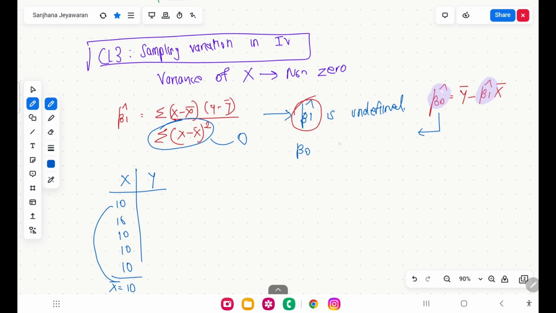Beta naught can't be estimated. So this is the problem we encounter if all the values of x are the same. Since there is no variation, variance of x is 0, beta 1 is undefined and beta naught cannot be estimated. So that's why we make this assumption. There should be a variation in the independent variable.